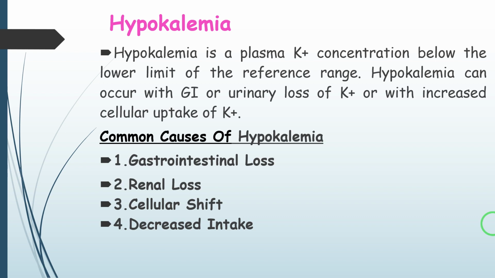The absorption of potassium will be decreased, or when we have certain GIT tumors, or sometimes patients have chemotherapy or radiotherapy that decrease the absorption of potassium from the intestine, and the potassium sometimes will be low, secondary to heavy intake of laxatives. So, the GIT causes of hypokalemia may be due to vomiting, diarrhea, intestinal fistula, or gastric suction.